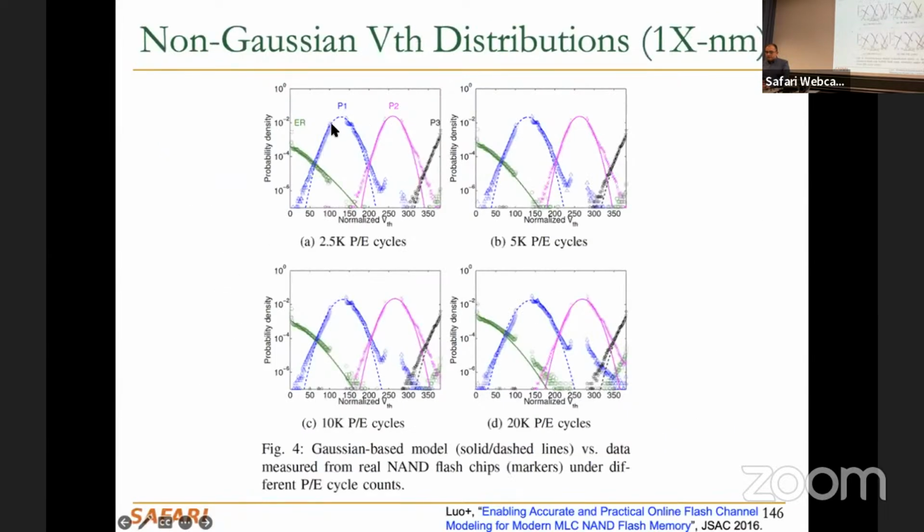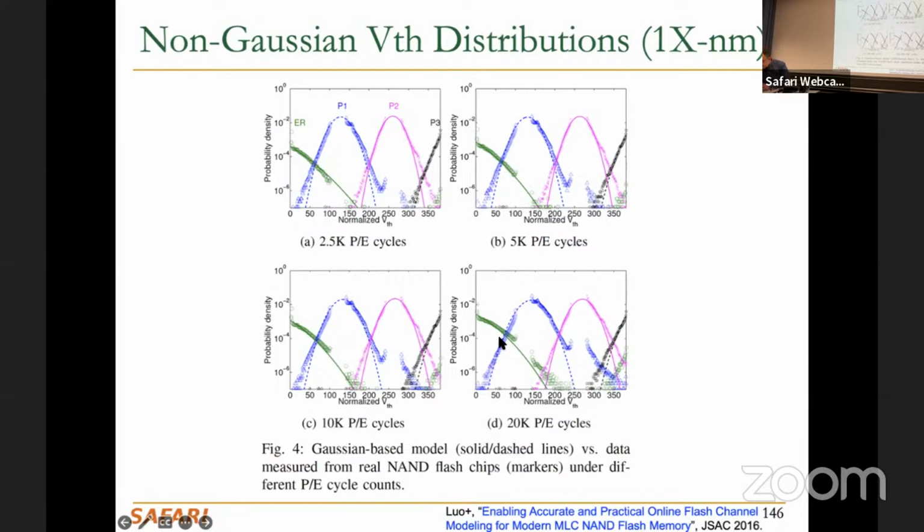But later on, we also observed that when we use flash memories that are more dense, with a smaller scale, the Gaussian does not provide a very good estimation. Here is a good example. For 20K P/E cycles, these dots are real measurements, and the dashed line is our Gaussian model prediction.